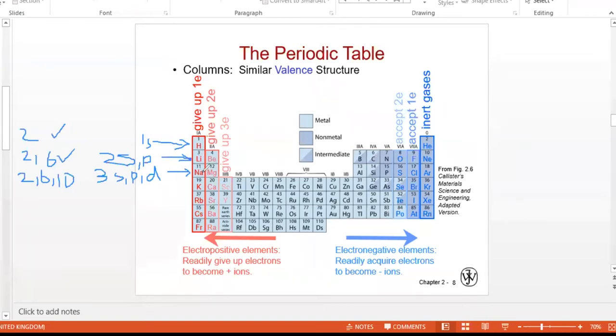But here I have only 8. So now my question is, what happened to these 10? There must be 18 according to our formula, but in the periodic table only 8 is there.